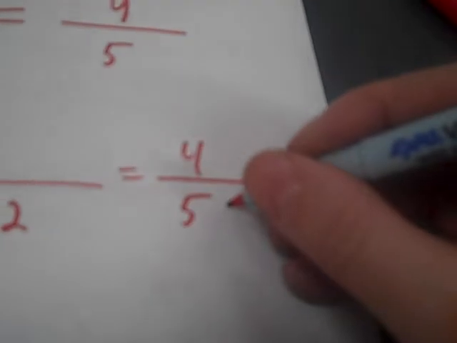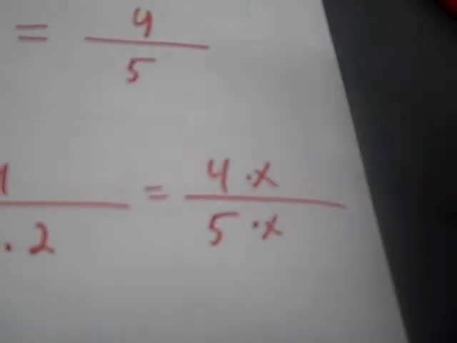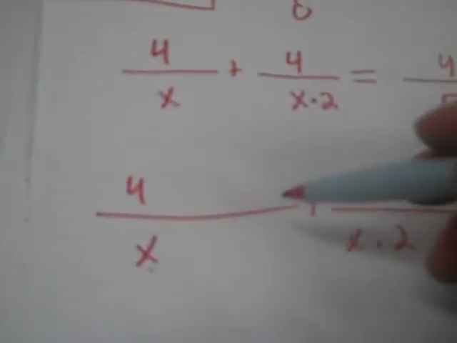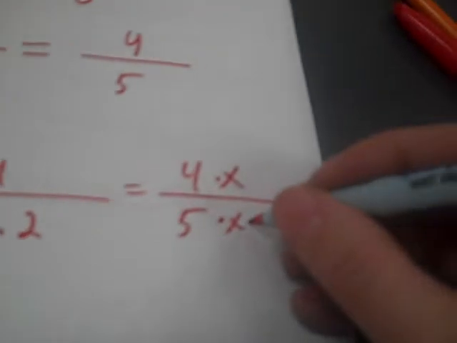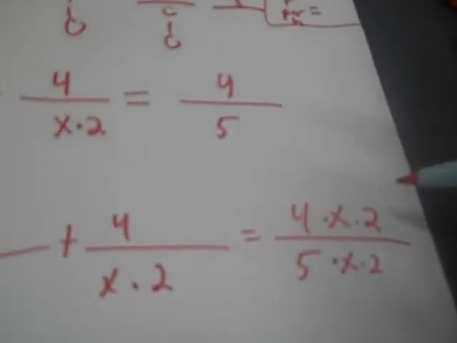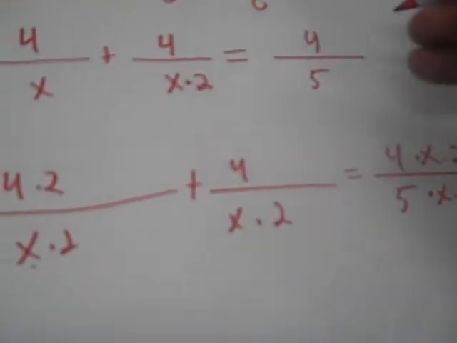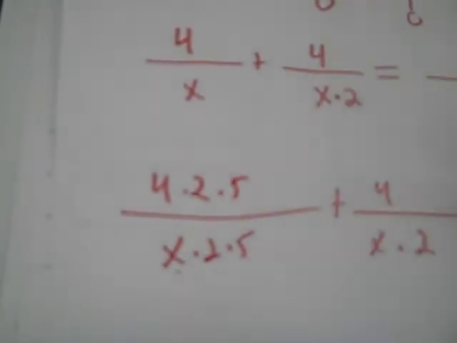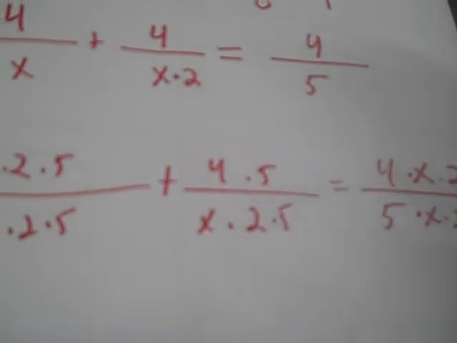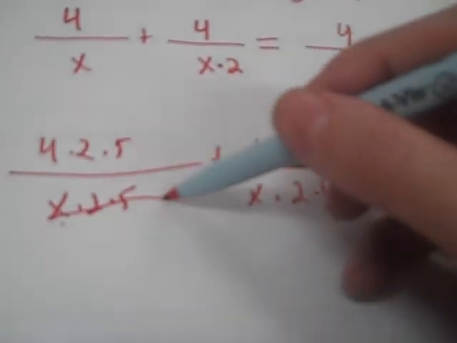So we're going to multiply, put an x here and here. Outside 2, 0, 1, 0. So I times 2 times 2 times 2 times 2. Outside 5, 0, 0, 1. Okay, so I multiply by 5, by 5. Okay, so those bottoms are gone.